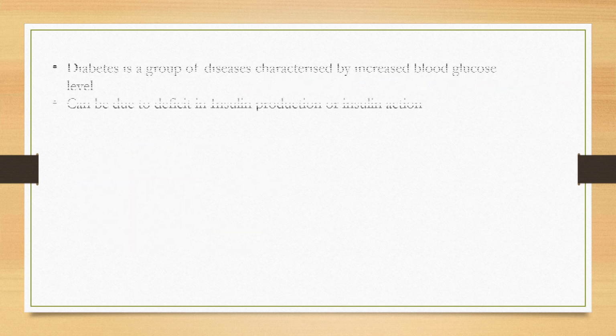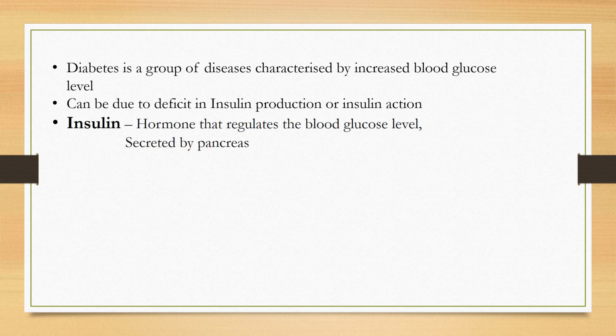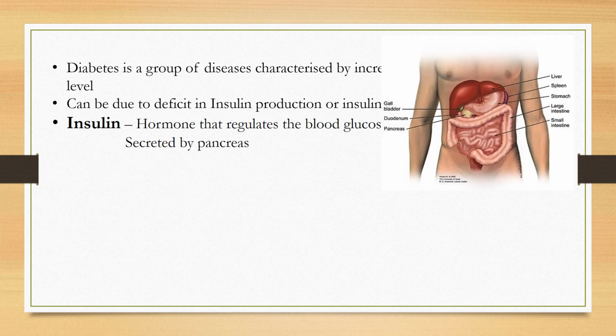Diabetes is an increased blood glucose level associated with insulin production. Insulin is a hormone that regulates your blood glucose level. A patient with diabetes might have polyuria, polyphagia and polydipsia, which is excessive urination, excessive thirst and excessive appetite.